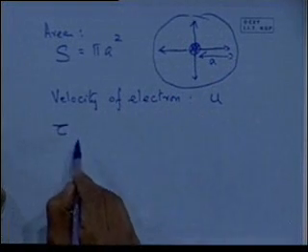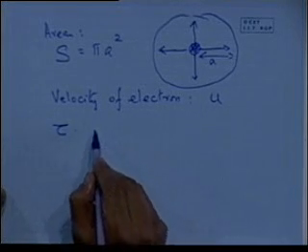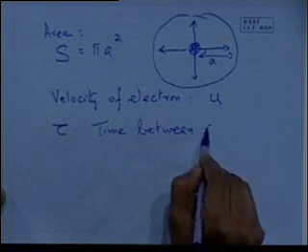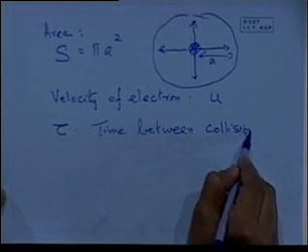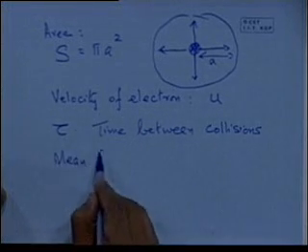Now earlier we said tau is the time between collisions, the mean scattering time, right? So from this we can define something called a mean free path.